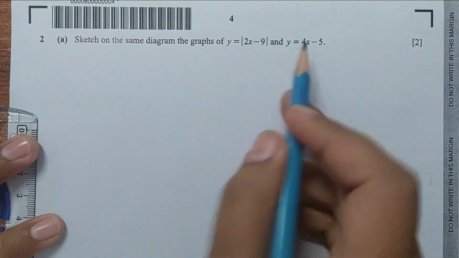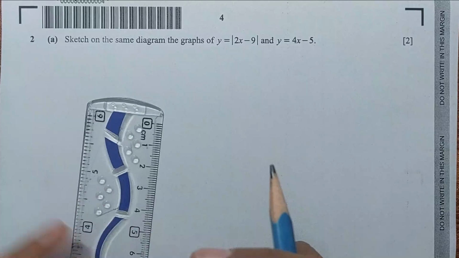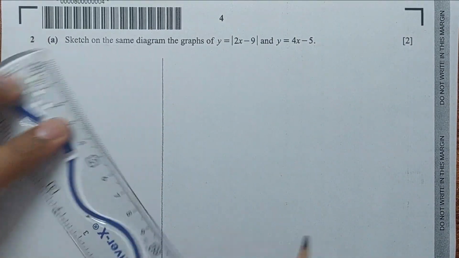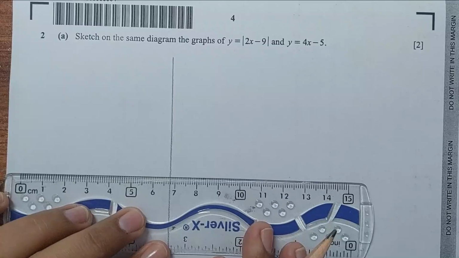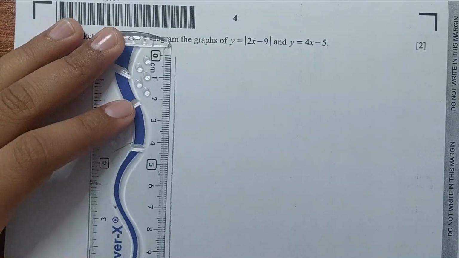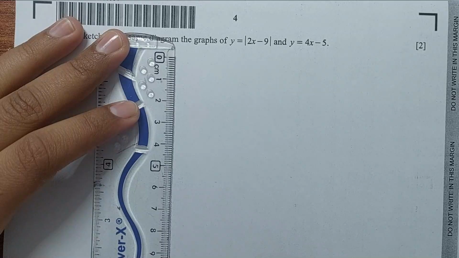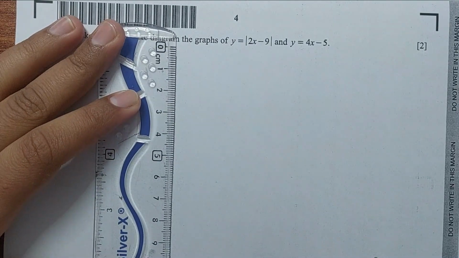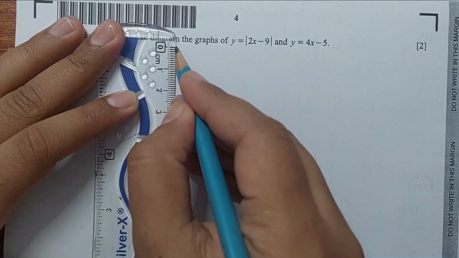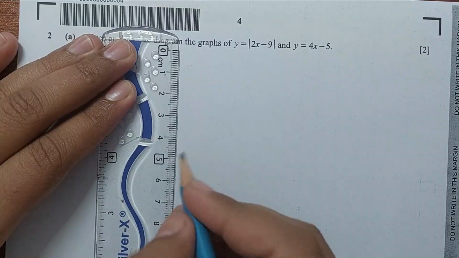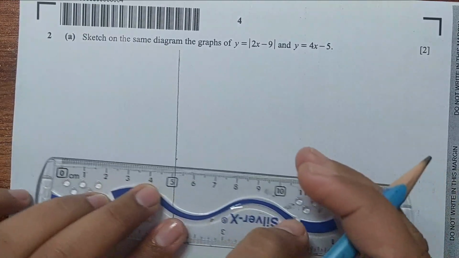All right, now let me draw the coordinate axis. You can make it till 10. 0 till 10. 5 is the middle one.